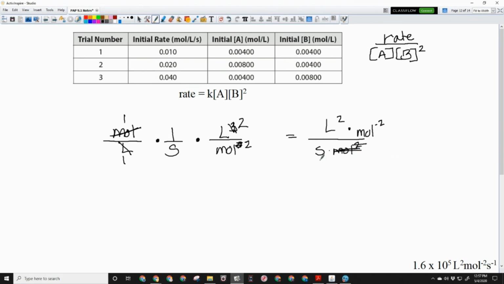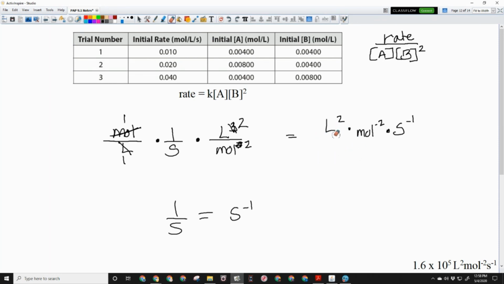We could do the same thing with S. So this is going to be S to the negative 1, because 1 over S, which is what we have here, 1 over S is equal to S to the negative 1 power to get rid of this fraction. So now that we've moved those up there, let me just erase this instead of cross it out, because that might be distracting.